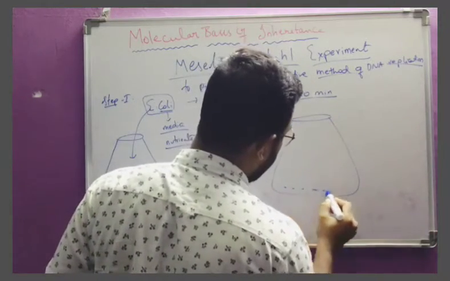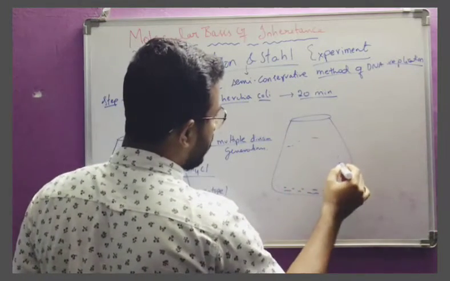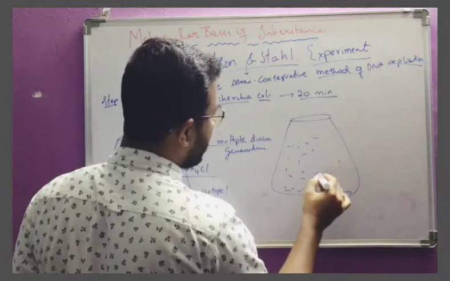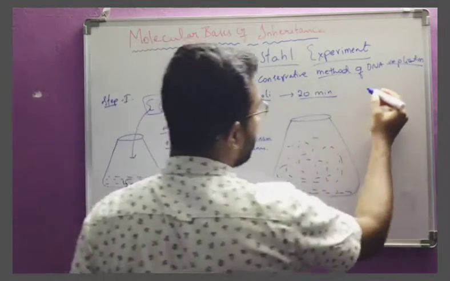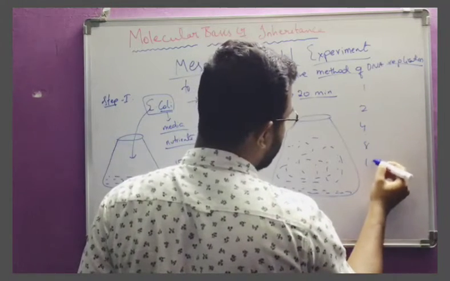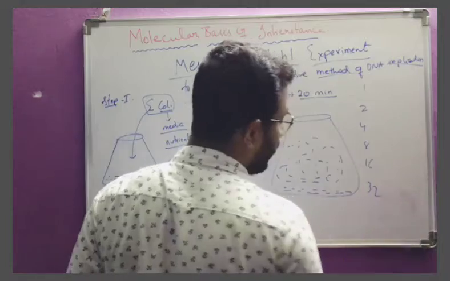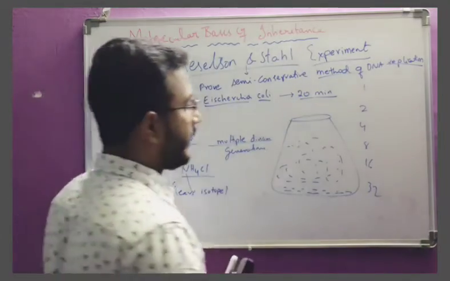The medium will be reduced because the bacteria utilized it, and the conical flask is filled with the E. coli bacteria. Because as you know that, first of all, if you take 1, it will divide into 2, 4, 8, 16, 32. Like that, within no time, the whole conical flask will be filled with the bacteria.